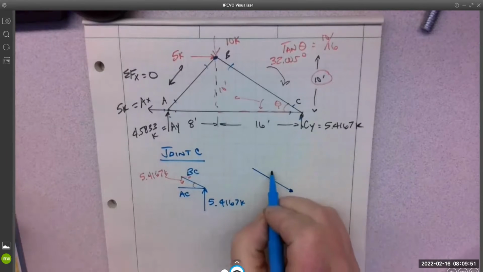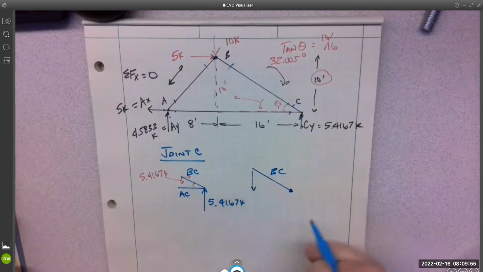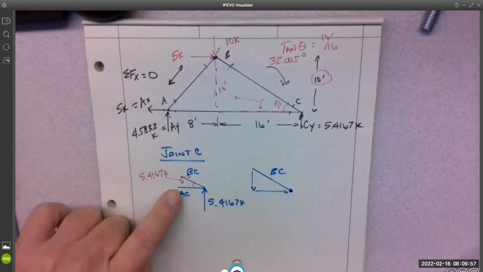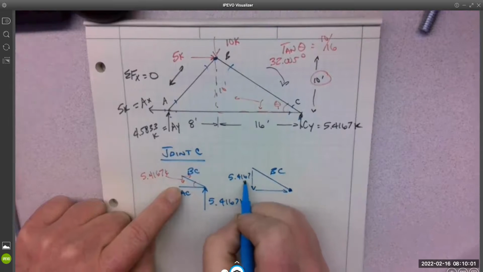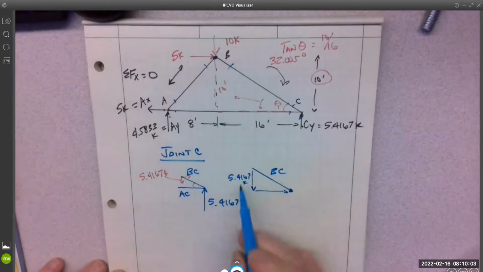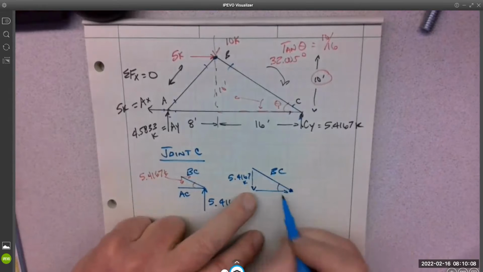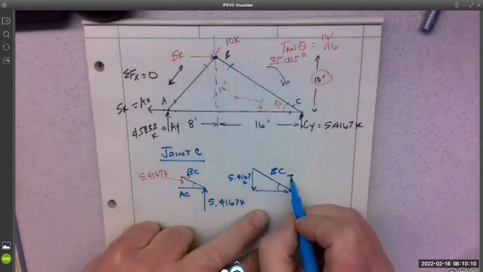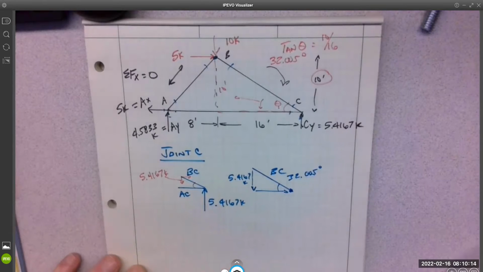I think BC goes down. And now we know that the y component is 5.4167 K. Does everyone get that I'm just pulling that vector out and looking at the components of that vector? Yep. All right. And then we know this angle is 32.005 degrees.